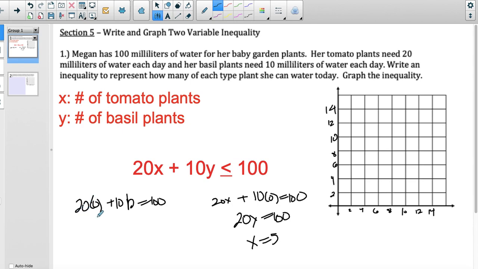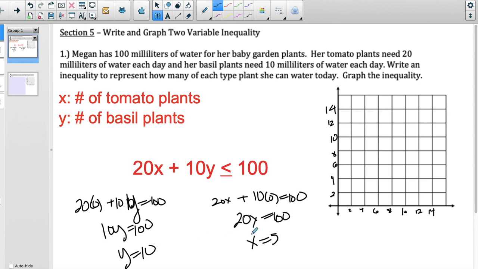If I do 0 tomato plants, how many basil plants could I have? That part cancels out, we're left with 10y equals 100, and we could water 10 basil plants if we watered 0 tomato plants.